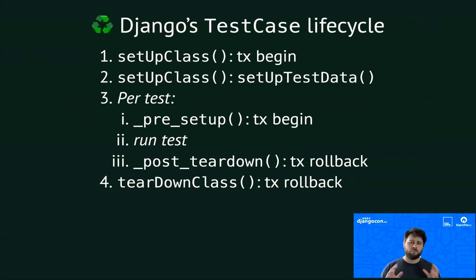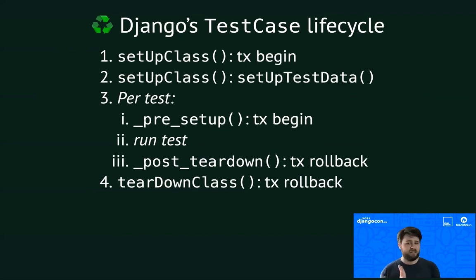Okay, so we're now going to summarize Django's TestCase class lifecycle. This is done on top of the unittest lifecycle we were seeing. So at the setUpClass phase, Django begins one transaction per database that you have. Obviously, most projects only have one database. And then setUpClass will also call the setUpTestData function if you defined it in that test case.